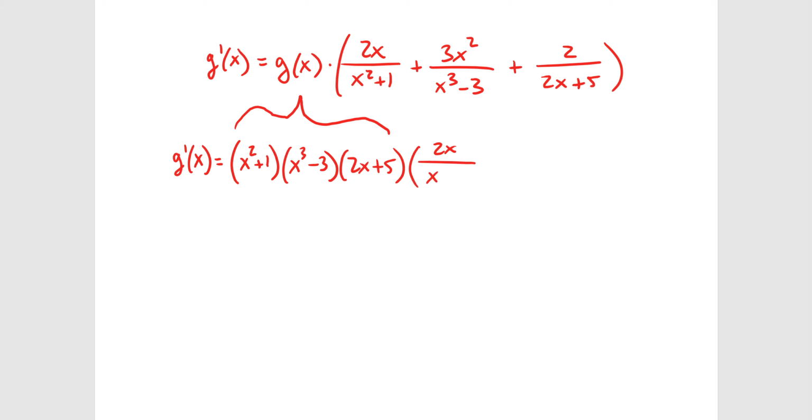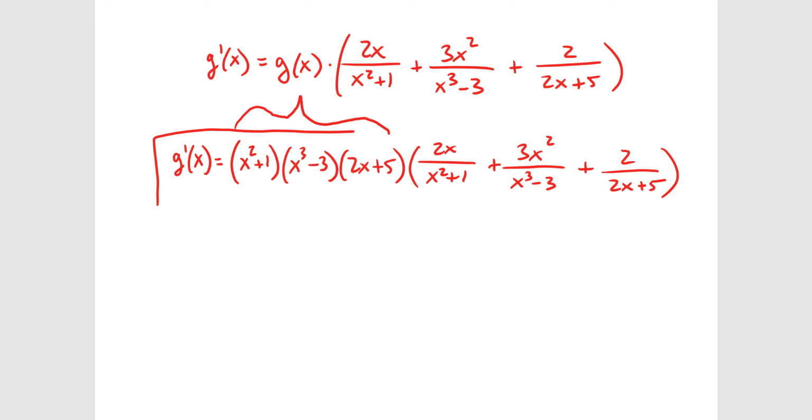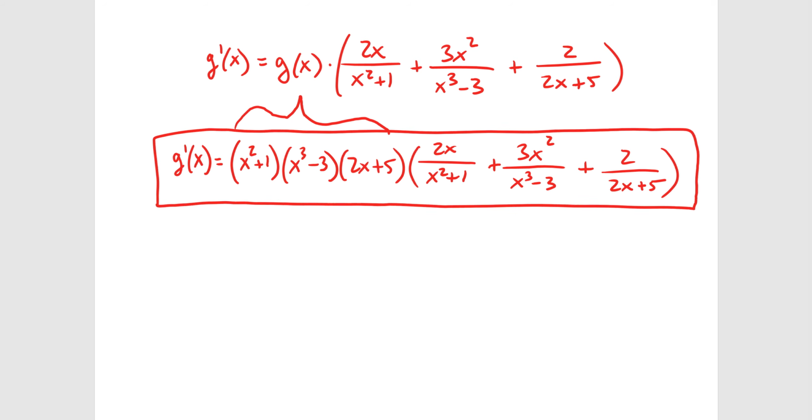That 2x over x squared plus 1 plus 3x squared over x cubed minus 3 plus 2 over 2x plus 5. Okay, so that is our derivative, and pretty messy again, but we're going to leave it just like that, and that is our answer, and that is logarithmic differentiation.